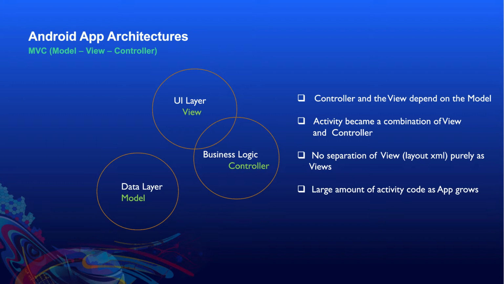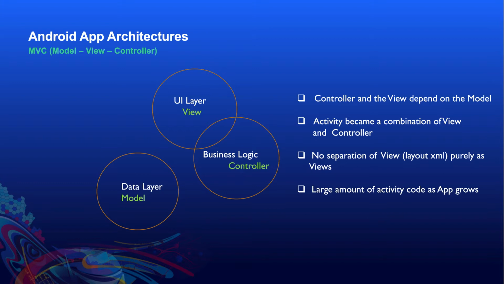So the view here in MVC depends on the controller as well as the model, and the dependency of the view on the model starts to bring some downsides, especially when the views are a lot more complicated.